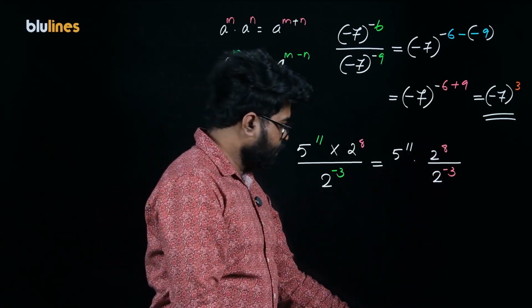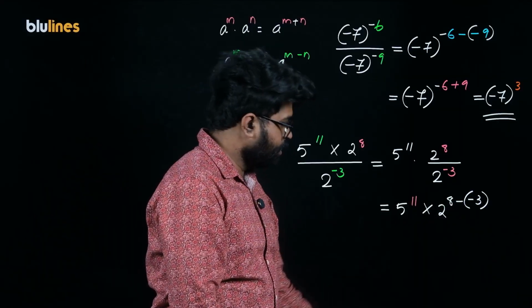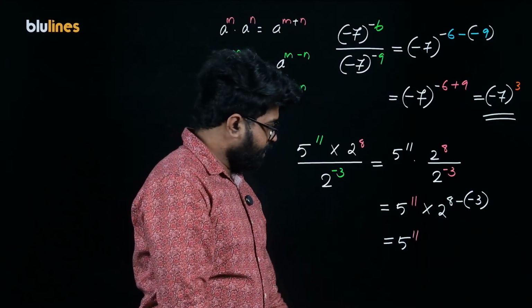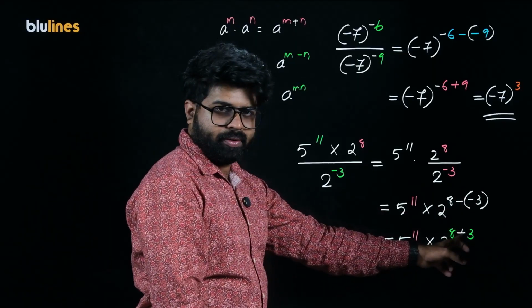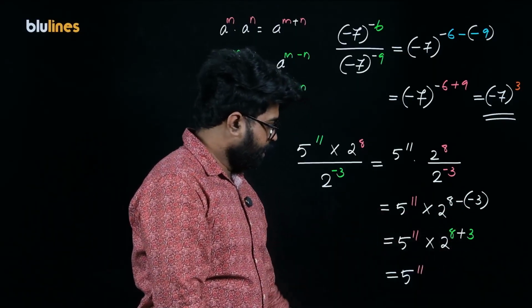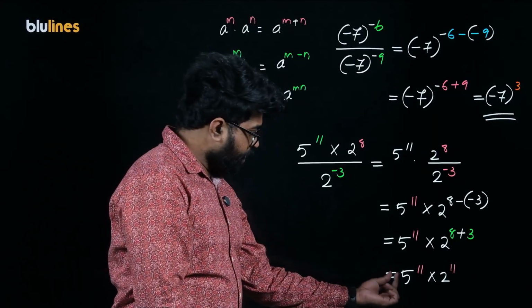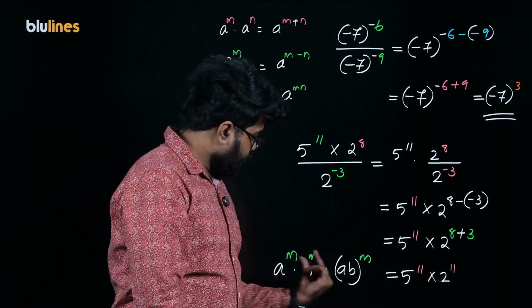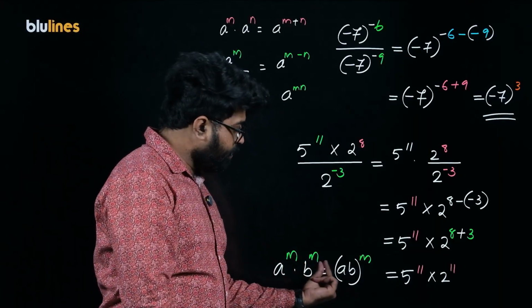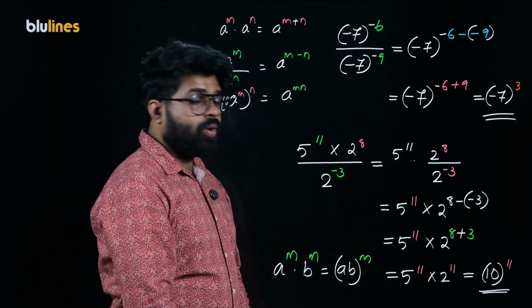So this is equal to 5 raised to 11 into 2 raised to 8 minus of minus 3, which is equal to 5 raised to 11 into, negative of negative, that is positive, 8 plus 3. So 5 raised to 11 into 2 raised to 11. Now, if we have the same power and different base, we know that a raised to m into b raised to m is equal to (ab) raised to m. So this one is 10 raised to the power 11.